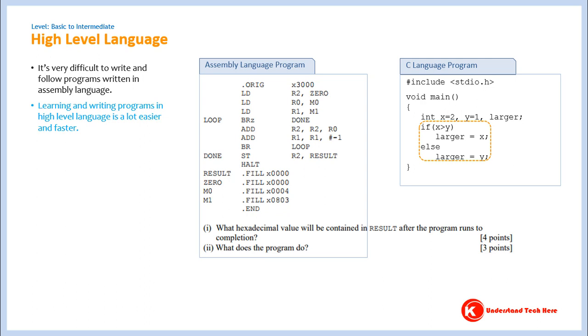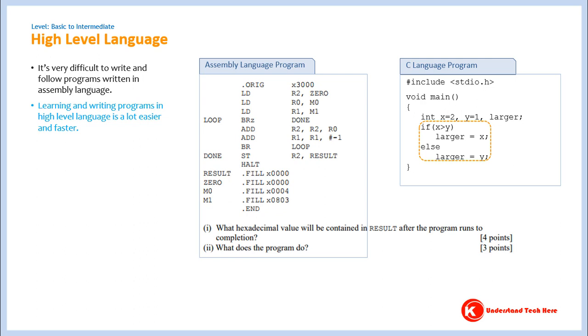So from these two examples, you can tell it's not only very difficult to write programs in machine language, but also very difficult to follow what the program is doing. On the other hand, high-level programming languages like C look as if they are written in languages we humans use, like English.